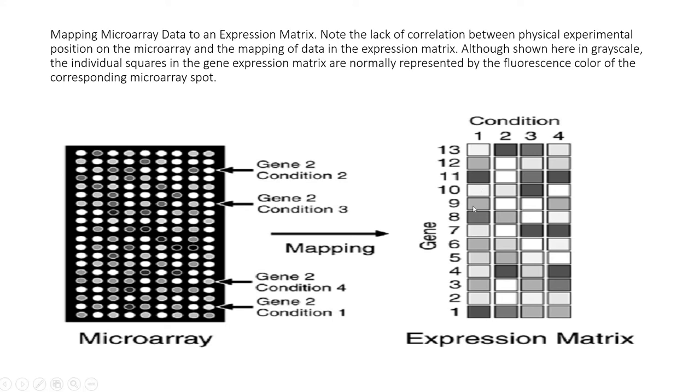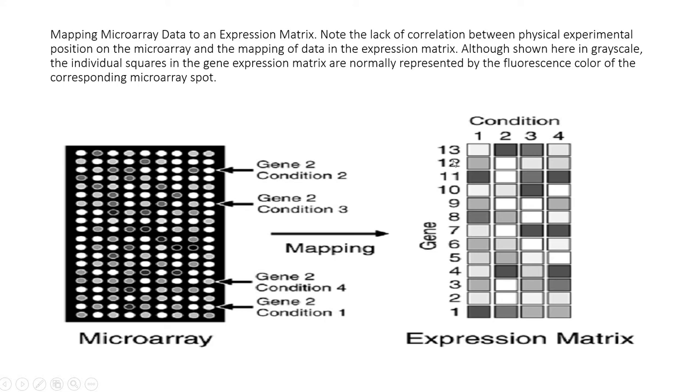On the right hand side we can see the expression matrix. In the expression matrix we have the different conditions in the columns, 1, 2, 3 and 4, and the genes are shown in the rows. In the rows you can see 1, 2, 3, 4, 5, 6, 7, 8, 9, 10, 11, 12 and 13.